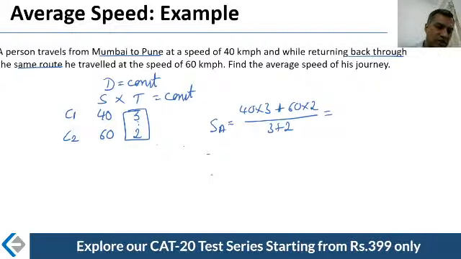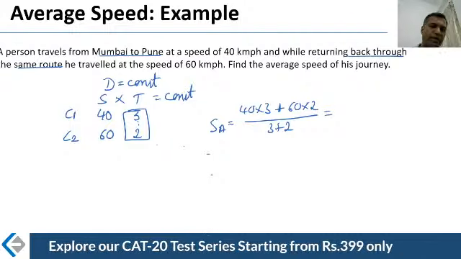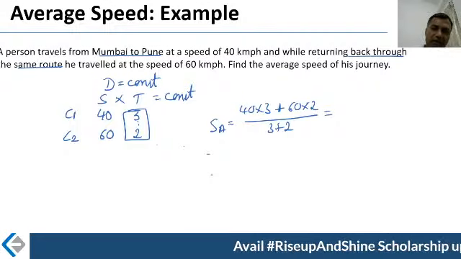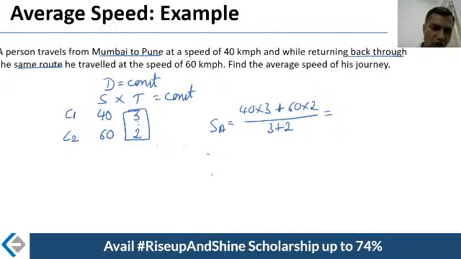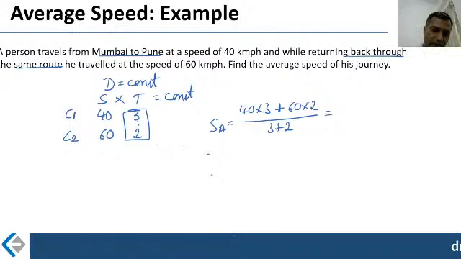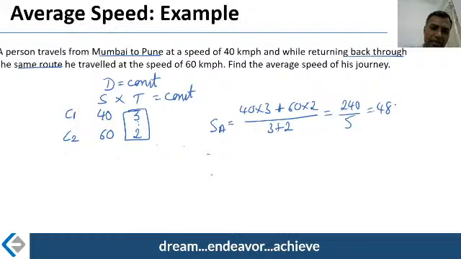All you wanted was a ratio, and it is implied. Earlier, time was given because the distance was not constant. Here it would be redundant information, hence the question maker avoided it. Therefore, it is 240 divided by 5, which is 48 kilometers per hour. That is the average speed maintained.